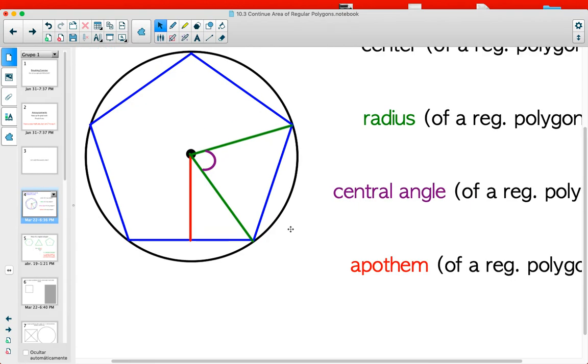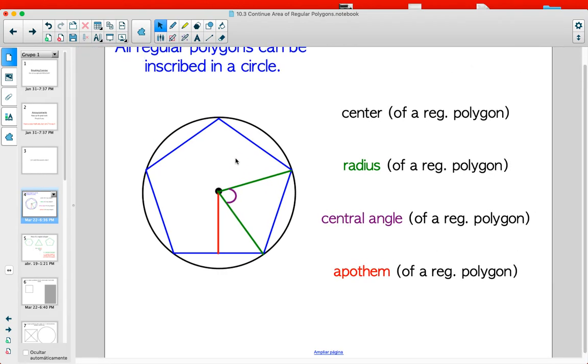Central angle, just like circles, what we talked about, it is in between two radii. So the central angle is in purple. And the apothem is the one in red, which would be the altitude of the triangle that's formed by the two radii and the side. So, for example, this red one is the altitude or the height of this triangle created by the two radii and the side.